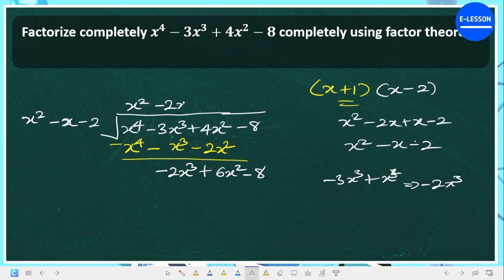Then minus 2s times this will give us minus 2s cubed. Minus 2s times minus s gives us plus 2s squared. Then minus 2s times minus 2 will give us plus 4s.